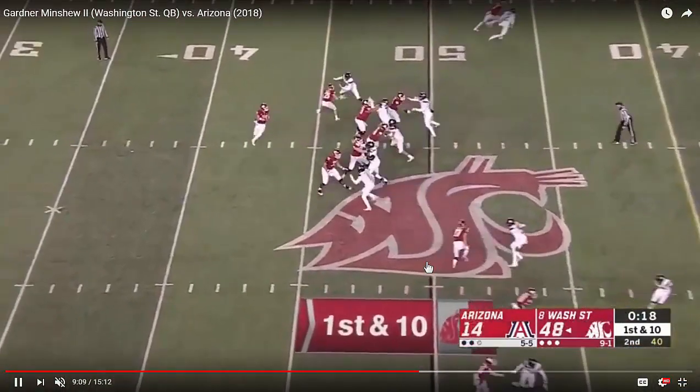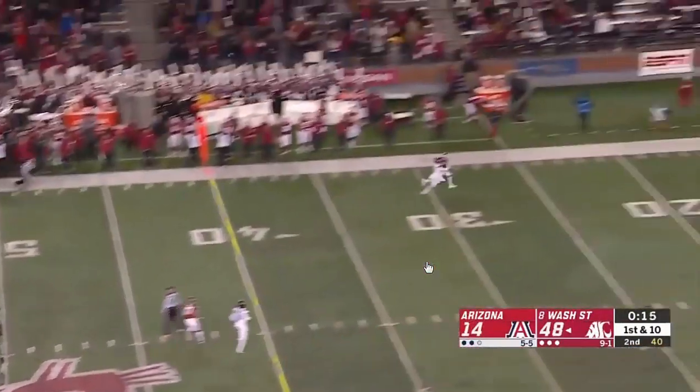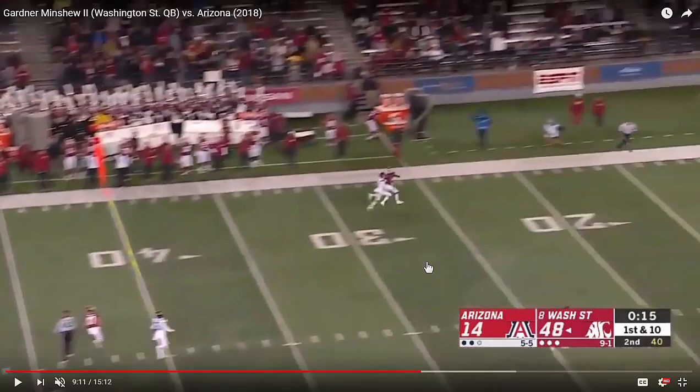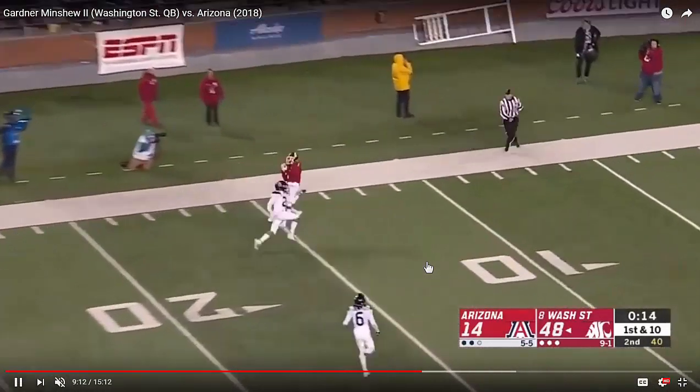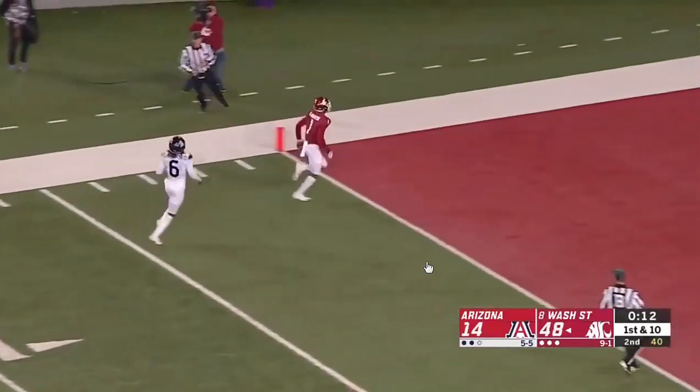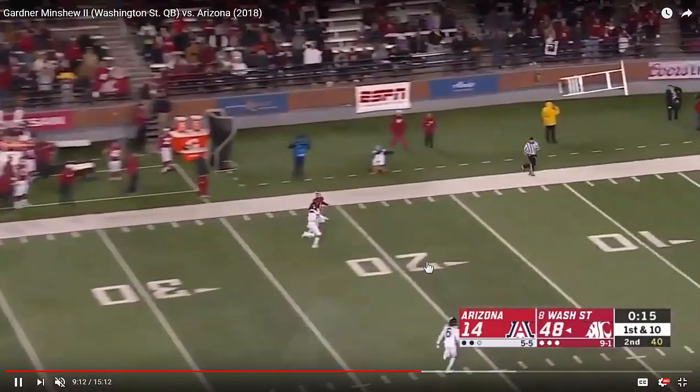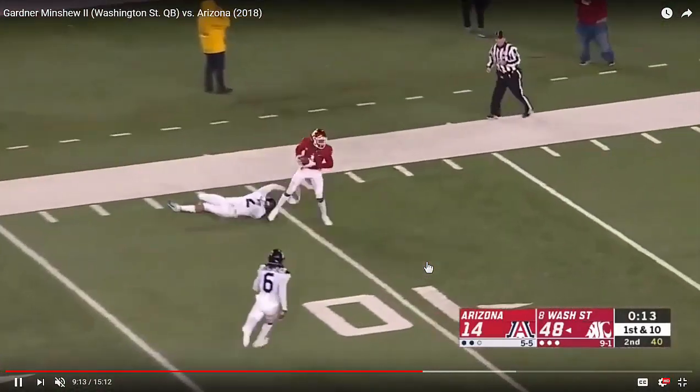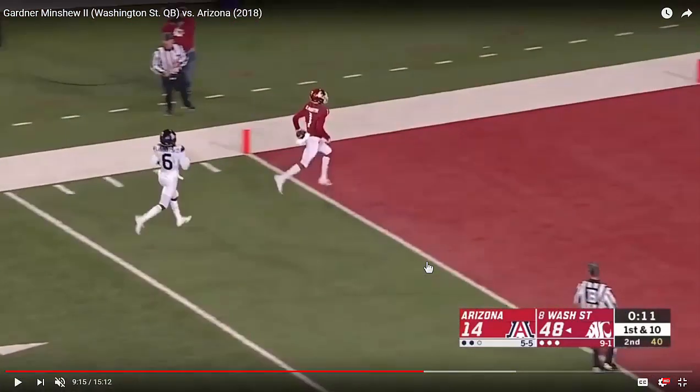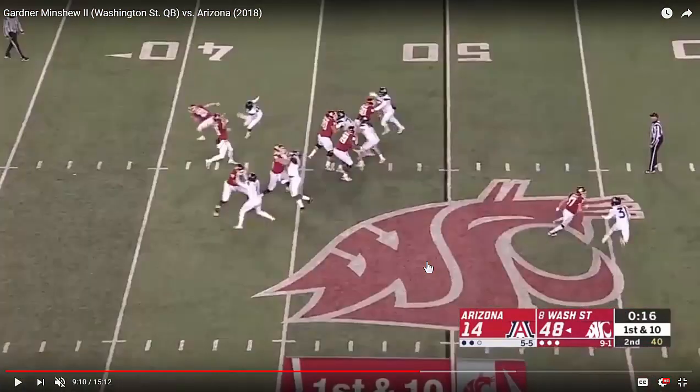Really? Okay. Let's start with depth of the field range. How do we define the range of that? Is this a good deep throw because of how much space the ball covered? Or is it from the line of scrimmage?